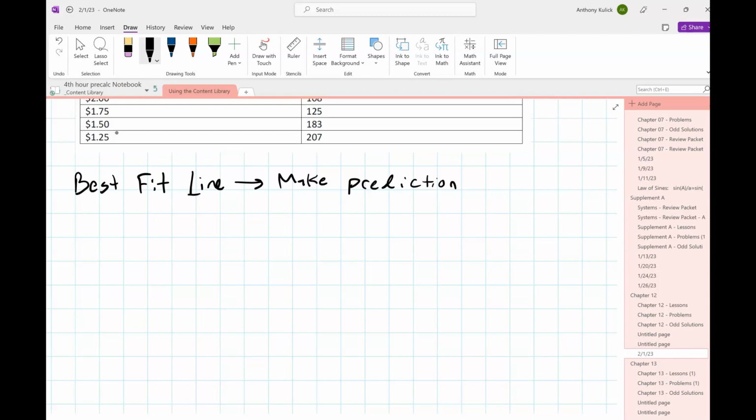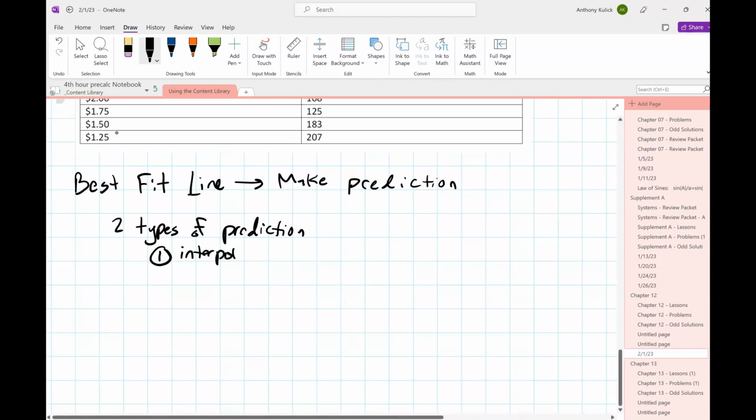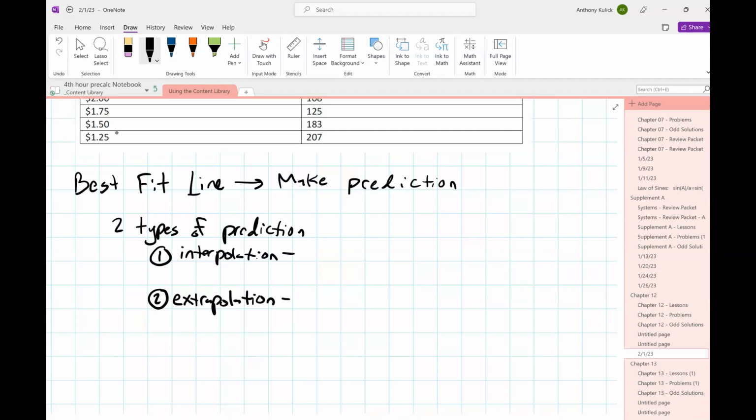So there's really two types of predictions we can make. One is called interpolation, and the other is called extrapolation. I'm sure you guys talked about this last year in Algebra 2.